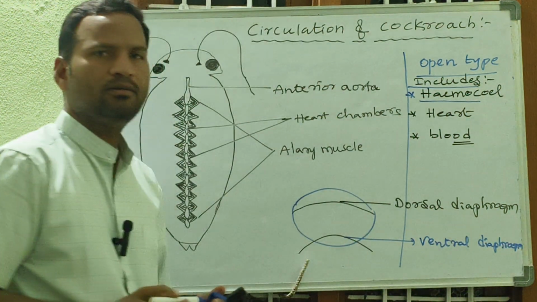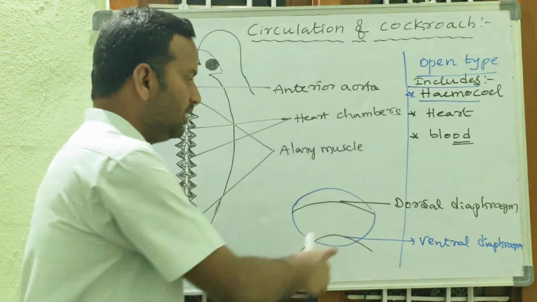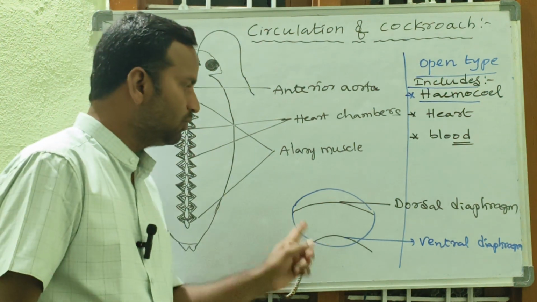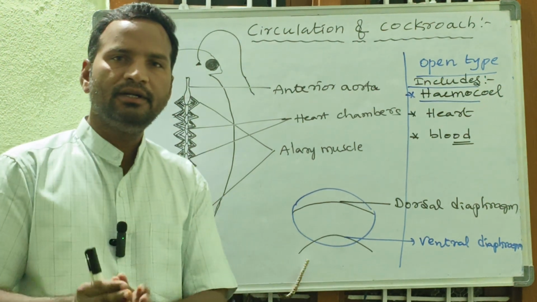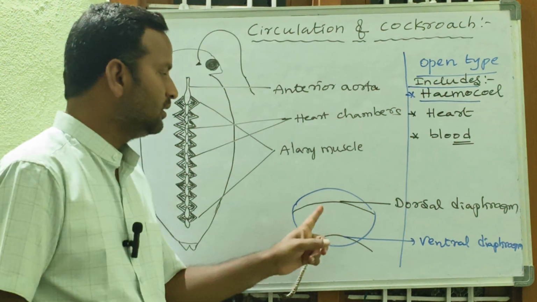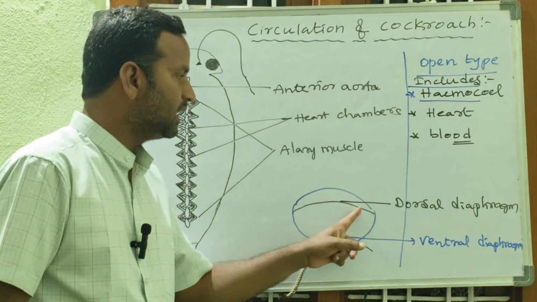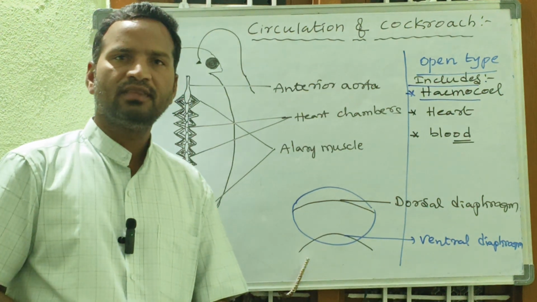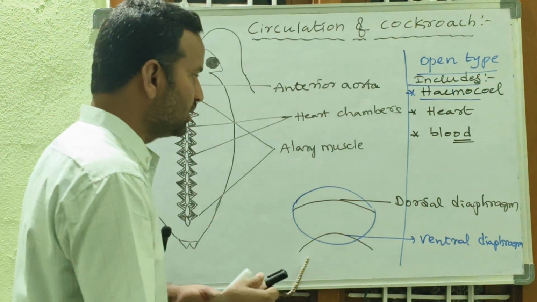Once again, this entire thing is called the hemocoel. The hemocoel is divided into three chambers by two horizontal muscular membranes called the dorsal diaphragm and the ventral diaphragm.